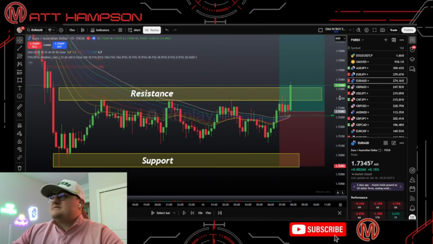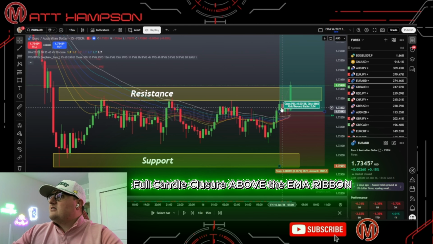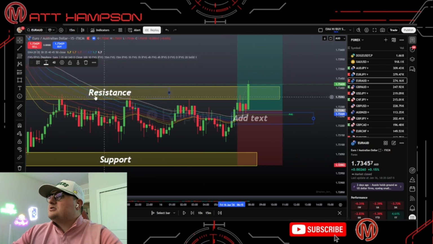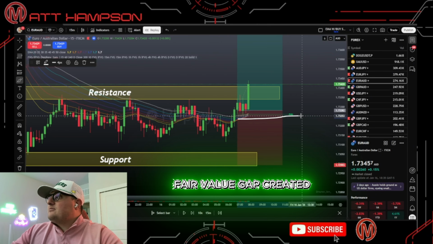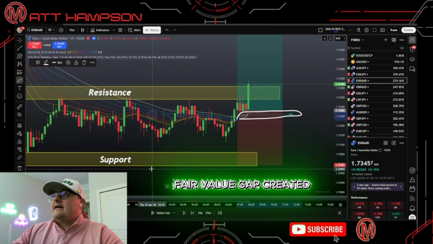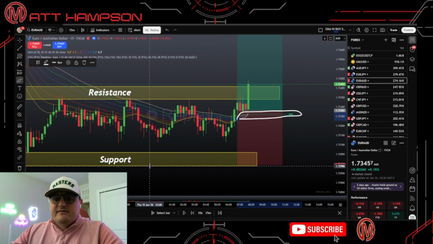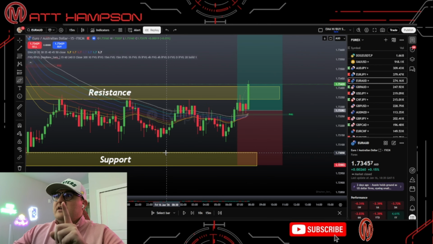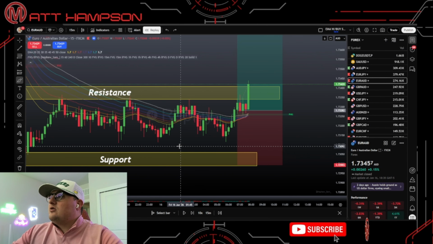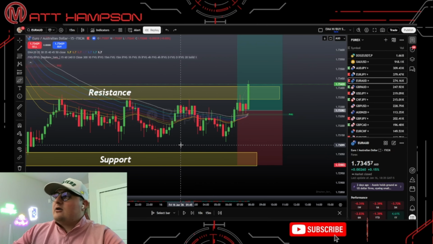It's very important to note that we had a full candle closure above the EMA ribbon right there. There was our full candle closure. The next thing that we had was a fair value gap created, this FVG right here, and that is the Nephew Sam fair value gap indicator. When those two align, the full candle closure above the EMA ribbon and the fair value gap created, we have a very powerful indication letting us know that the chart may break out.